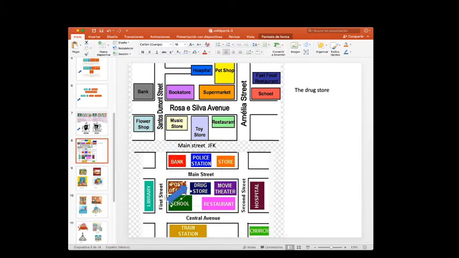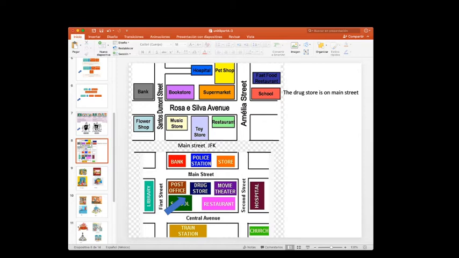Okay, so the drugstore is, verb to be is, and because it's on Main Street. Okay, the drugstore is on Main Street.